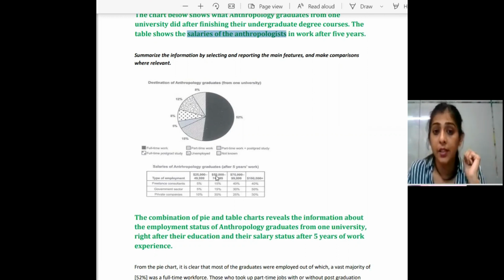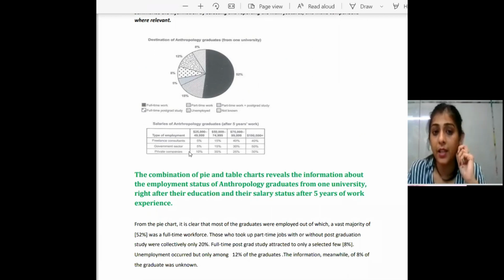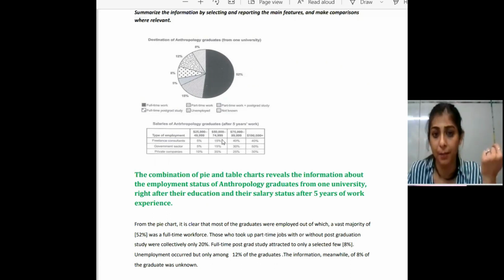All right. Now, here they have mentioned there are 4 different columns mentioning different levels of income earned by the anthropologists. So, here the first 2 columns are with a salary package under 74,000 or 75,000, for example.